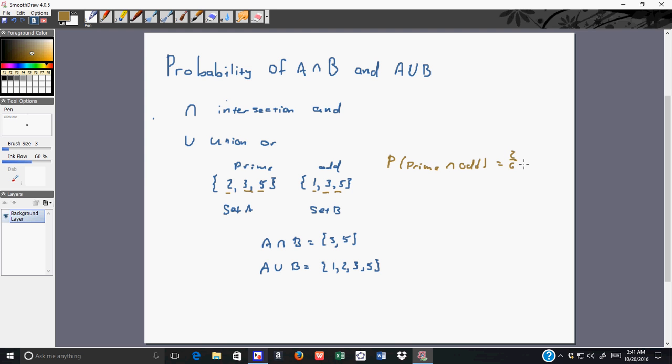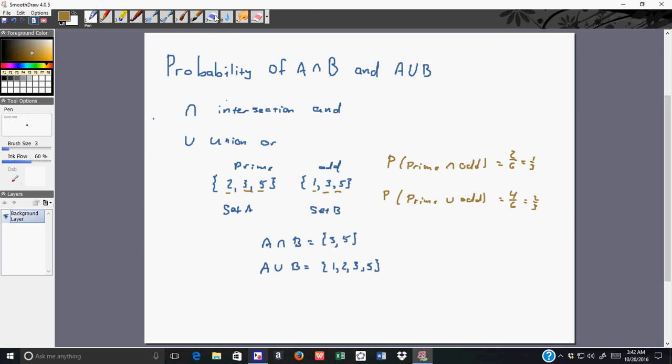There's 6. So it's 2 out of 6 or 1 out of 3. If I want to find the probability of getting a prime or an odd, it would be 4 out of 6, which is 2/3.